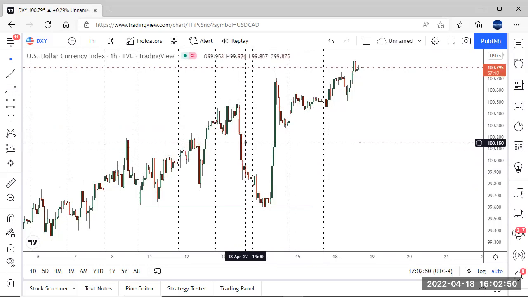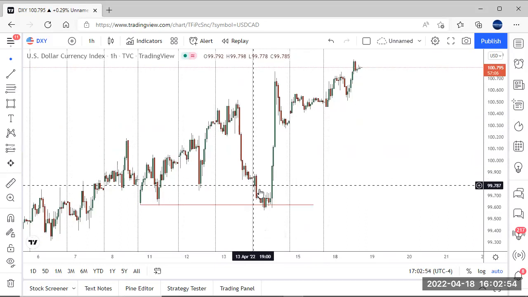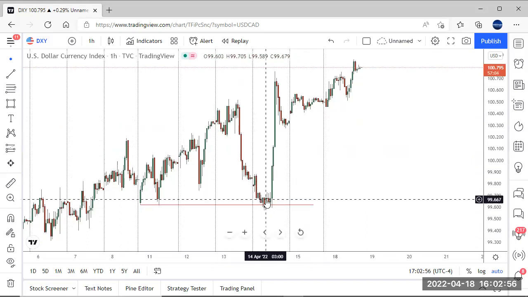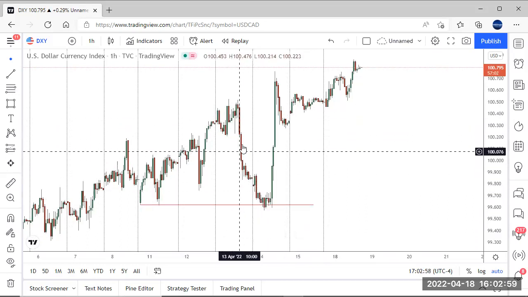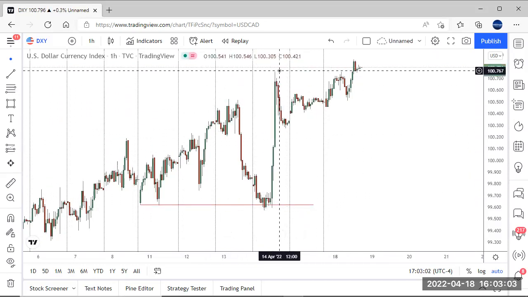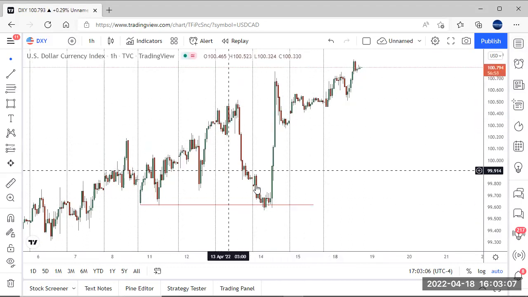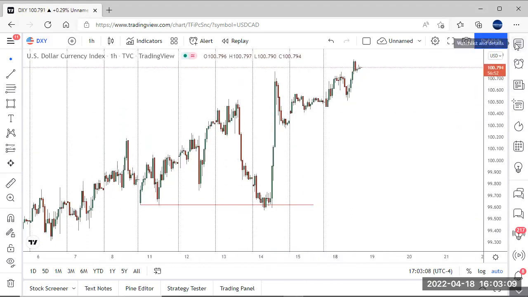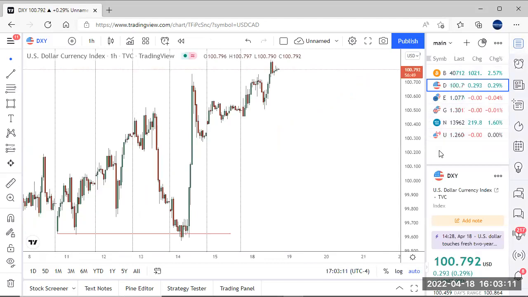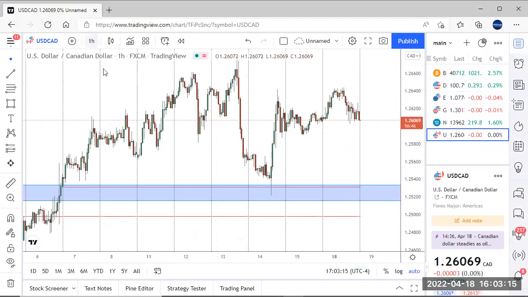They never traded up. You see no wicks here. So that's an imbalance, which tells us that they should probably want to rebalance this in the future. And then you see the huge bullish move. So you blend this bullish dollar with the setup we just went over here. So let's say you missed the low on CAD.